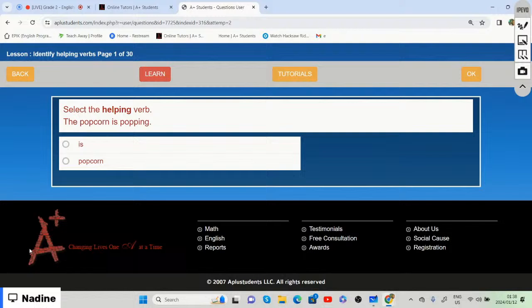And if we look at the helping verb, then we can say is is a helping verb, right?